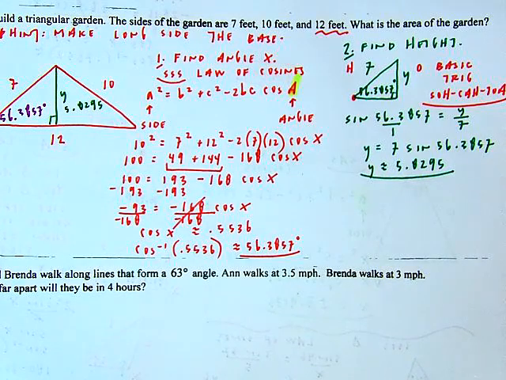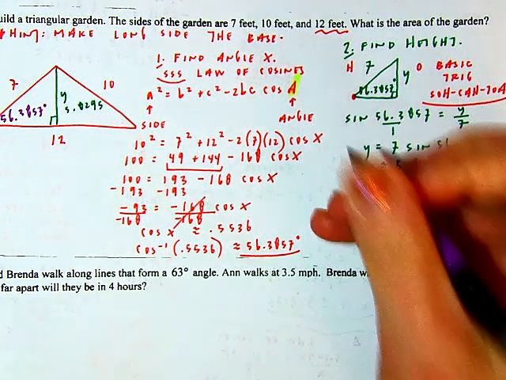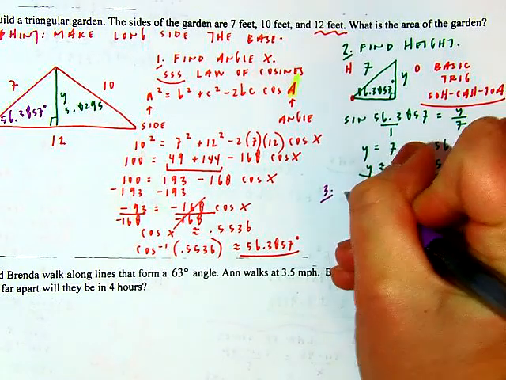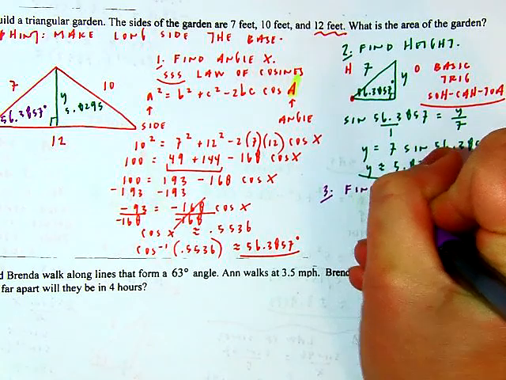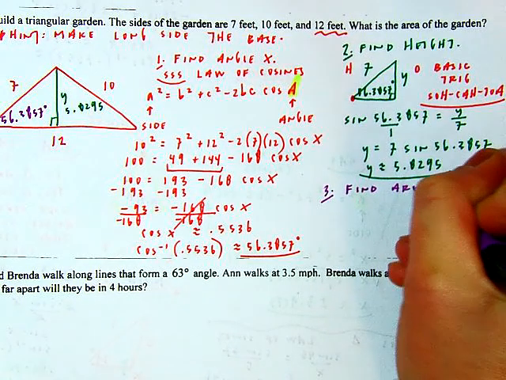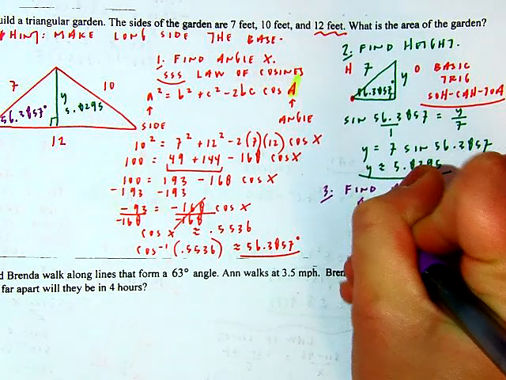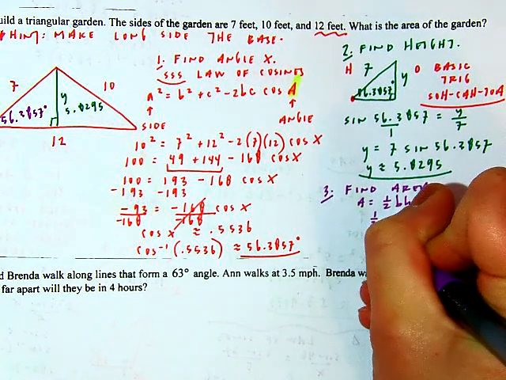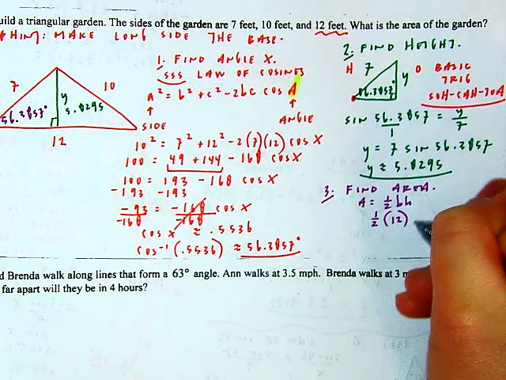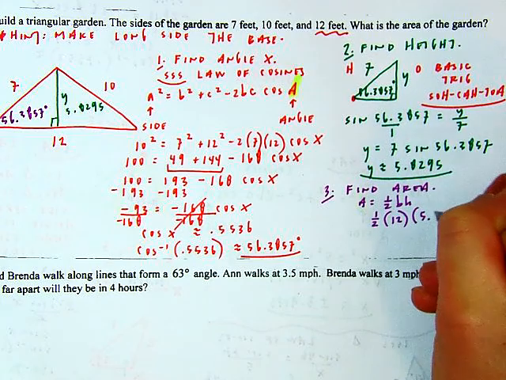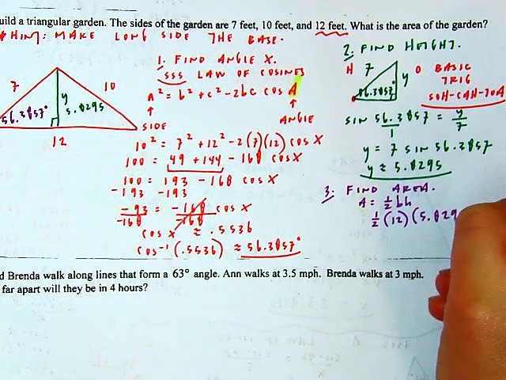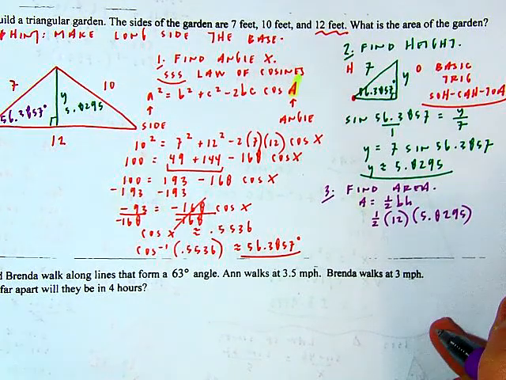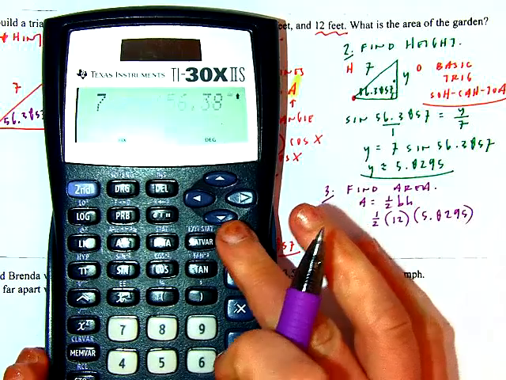All right, so lastly, I'm all ready. Let's get our area. Well, it's a triangle, so if I want to find the area, I know it's 1/2 the base times the height. So half of 12, and the height that we just solved for was 5.8295. Now I just have to multiply across.